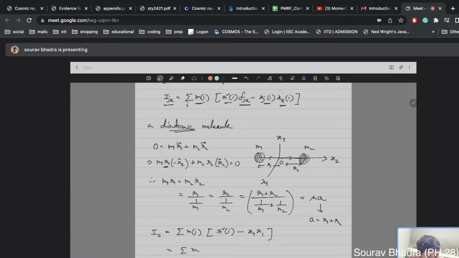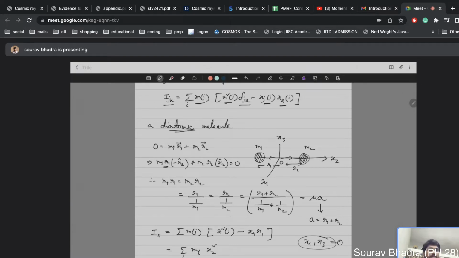That's why we can write it as the sum of m_i times r_i squared, which will be x2 squared only, because x1 and x3 are 0 for this particular system, since it is oriented along the x2 direction.